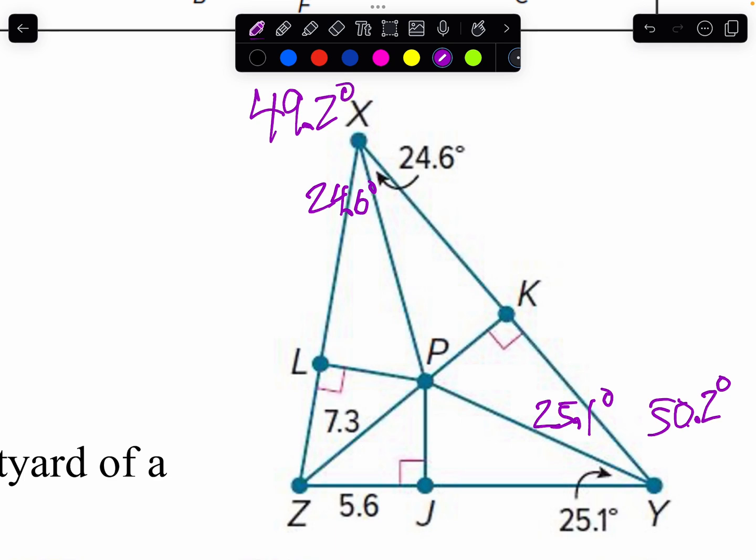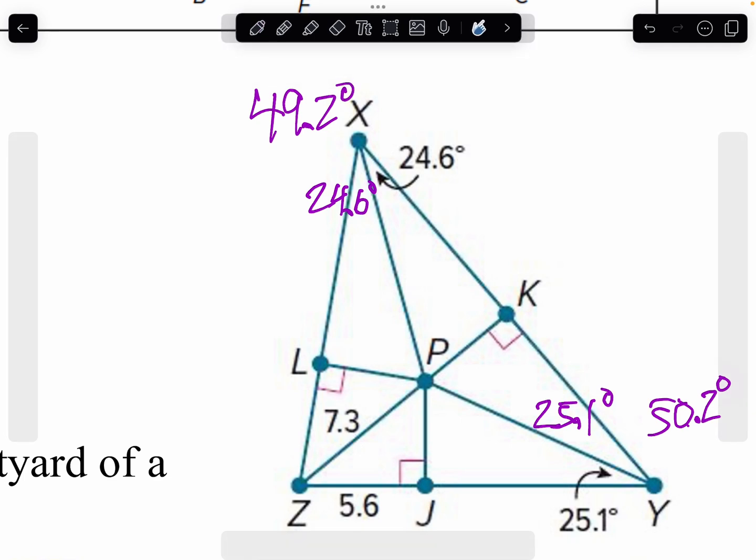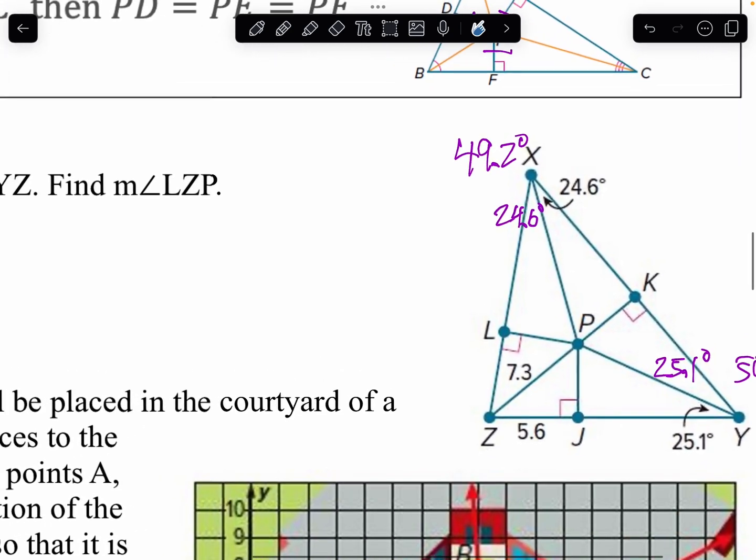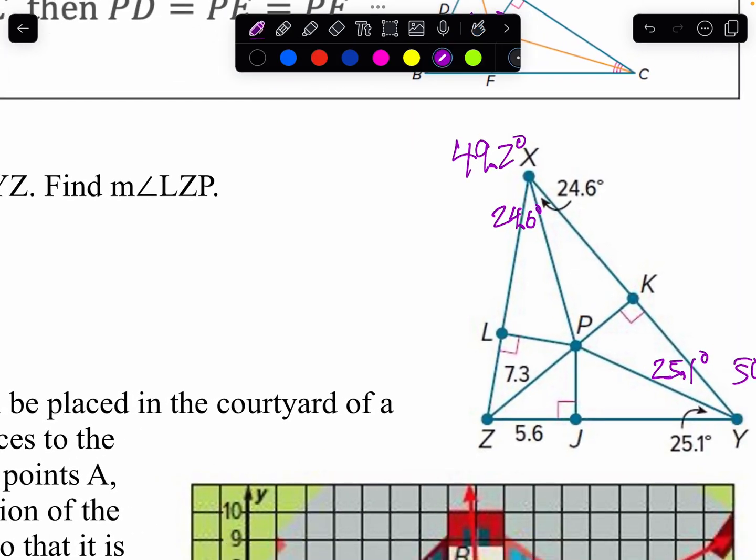And then we know there are 180 degrees in a triangle. So what does that tell me? The measure of angle XZY is going to be 180 minus 49.2 minus 50.2.